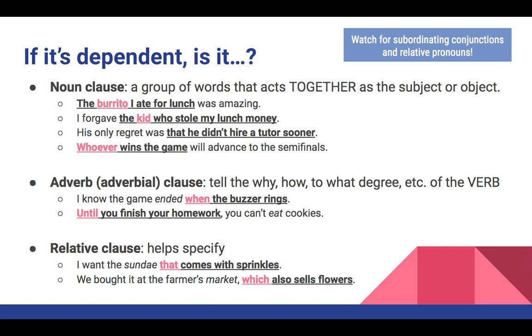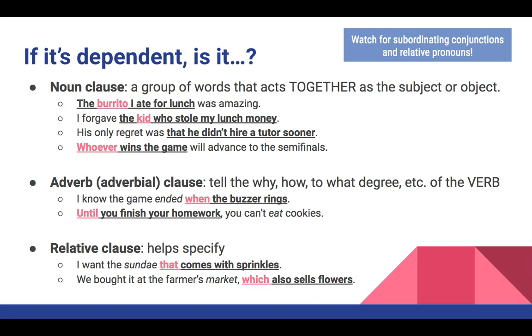All right. So now, if you have a dependent clause, you have to ask yourself, what is this acting like? Is this acting like a noun? Is it acting like an adverb? Or is it acting like a relative clause? So if it's acting like a noun, it's a group of words that act together as a subject or an object. The burrito I ate for lunch was amazing.